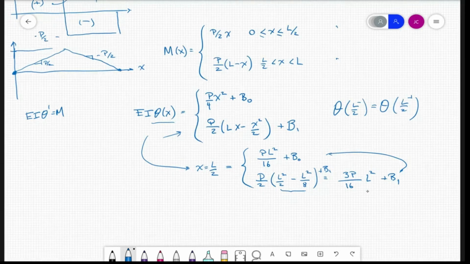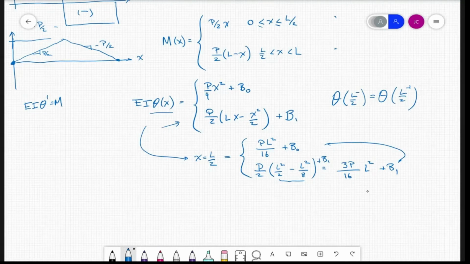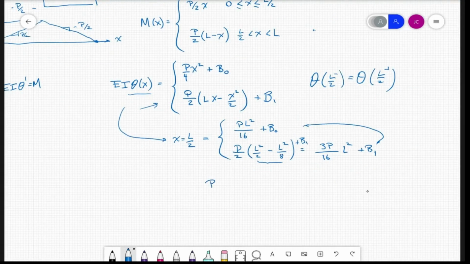So if that's the case, I can get that B1 has to equal B0 plus PL squared over 16 minus 3PL squared over 16.